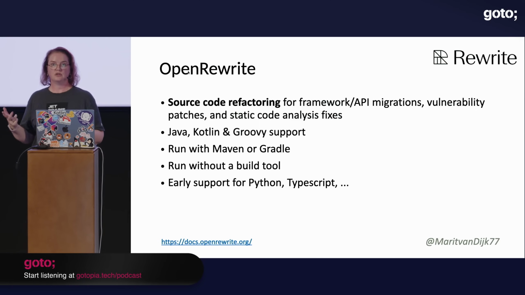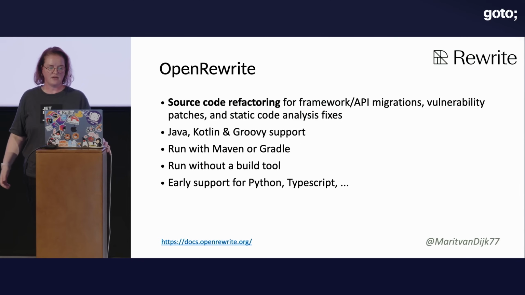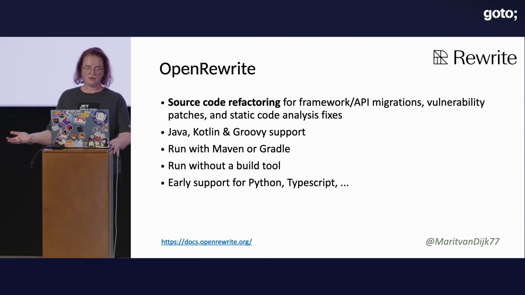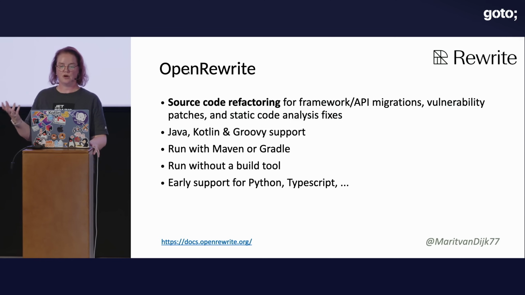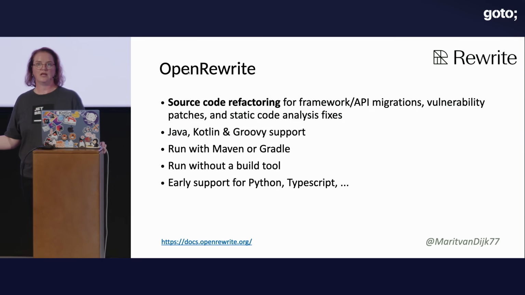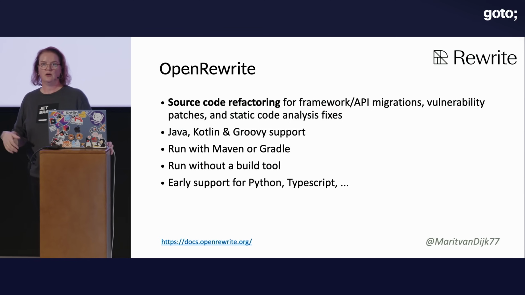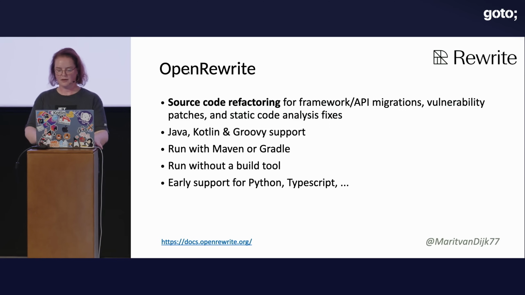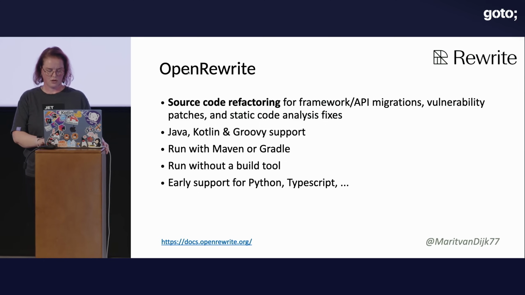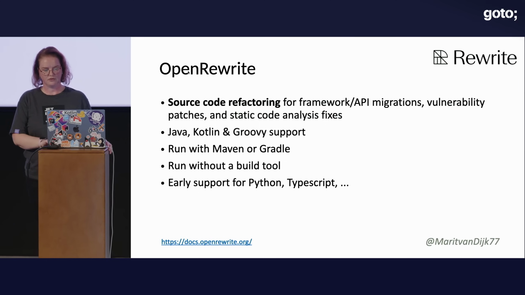It has Java, Kotlin, and Groovy support, because I'm on the JVM. You can run it with Maven or Gradle, or without a build tool, and they're working on early support as well for Python, TypeScript, and other languages. So if you're using something other than JVM languages, do have a look at what they're offering. And they're still working on expanding those offerings.